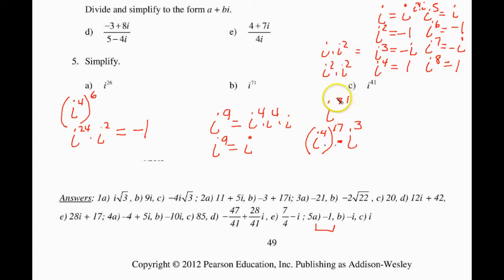And by the way, I did some calculation of this. I just divided this by 4, and I got 17 3/4. So the 3/4 is i to the 3rd. So this is going to be negative i.